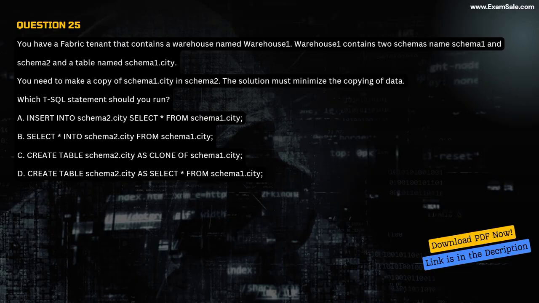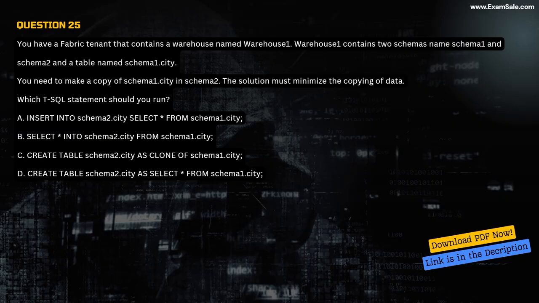A. Insert into Schema2.city select asterisk from Schema1.city. B. Select asterisk into Schema2.city from Schema1.city. C. Create table Schema2.city as clone of Schema1.city. D. Create table Schema2.city as select asterisk from Schema1.city.